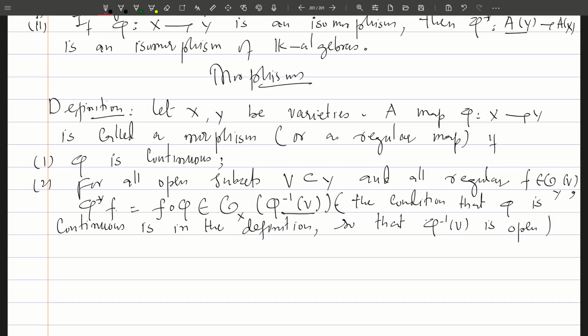If this is open, then we can talk of regular functions on this set because we always define regular functions on open sets.